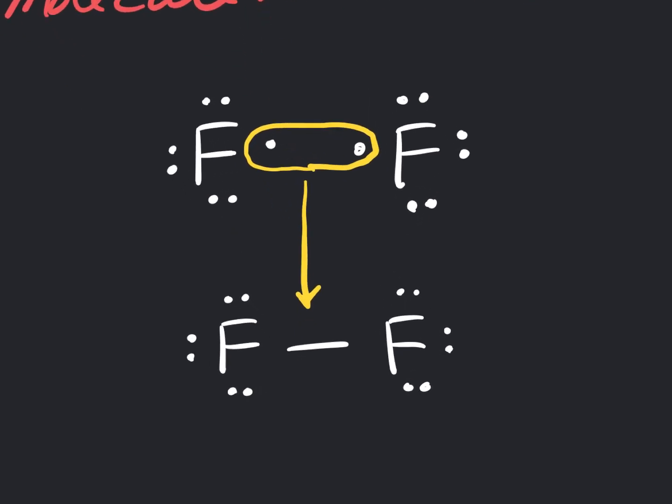So what are the octets that I'm talking about? I'm circling. There's 1 octet. What do I mean by that? Okay, 2 electrons in this bond. 1, 2, 3, 4, 5, 6, 7, 8. This one atom of fluorine has an octet of electrons.